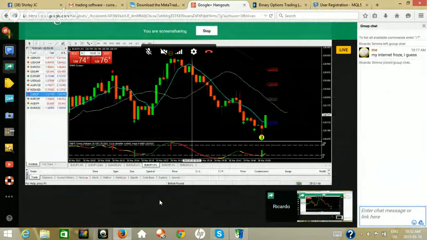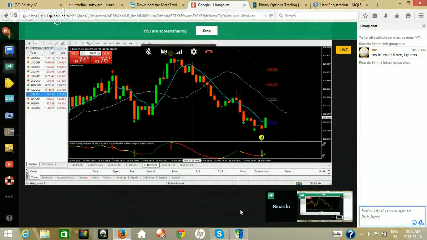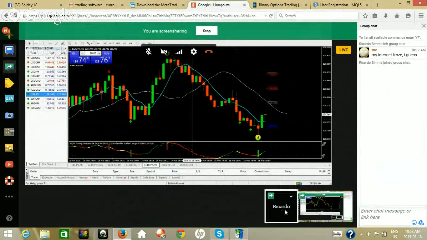Can you share your screen? How do you do that? Like you did it before. Click on the top left-hand side, share. To present, click on present to everyone.